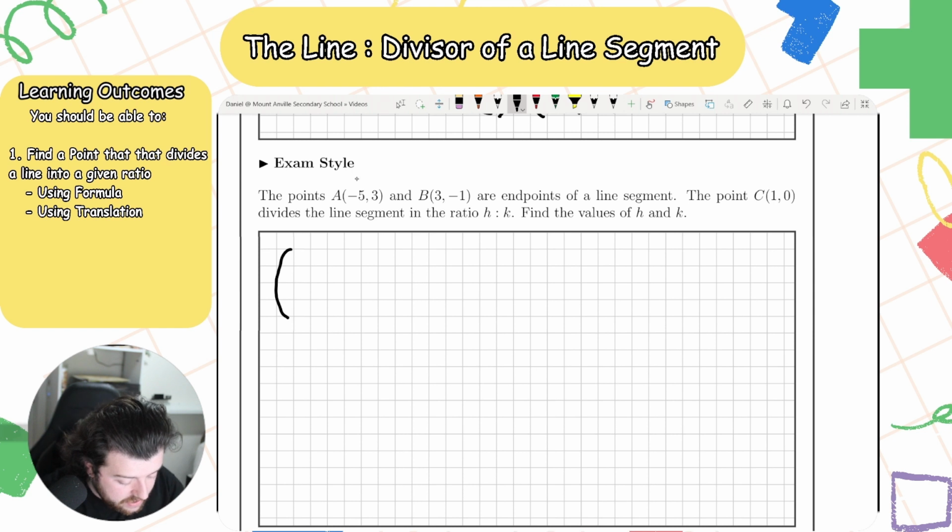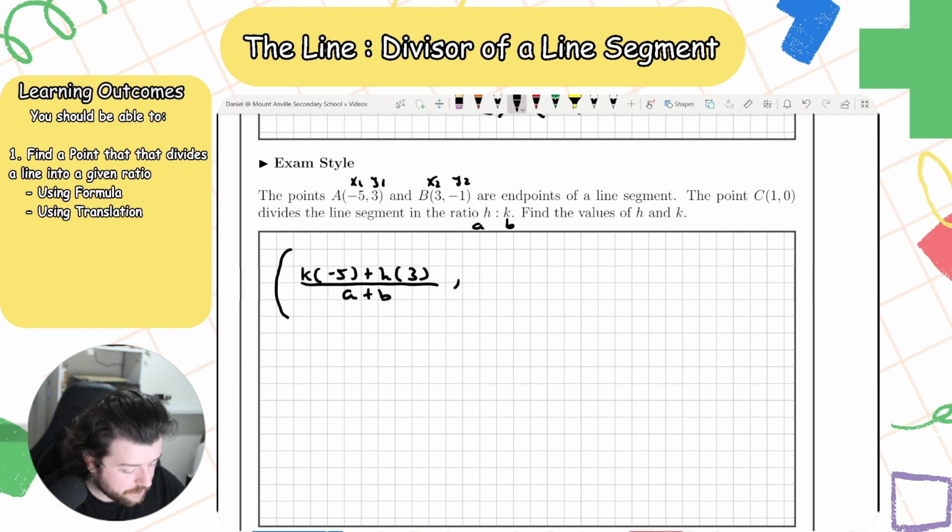So that's going to be x1, y1, x2, y2, a, b. So I have k times minus 5 plus h times 3 all over h plus k.